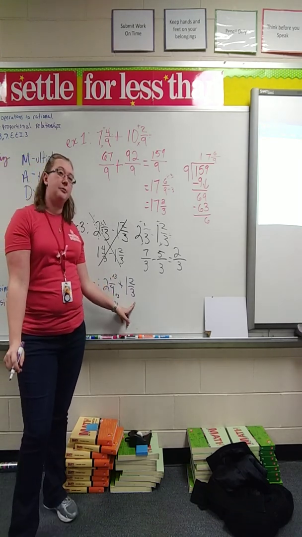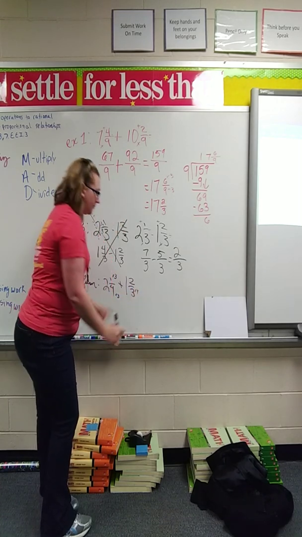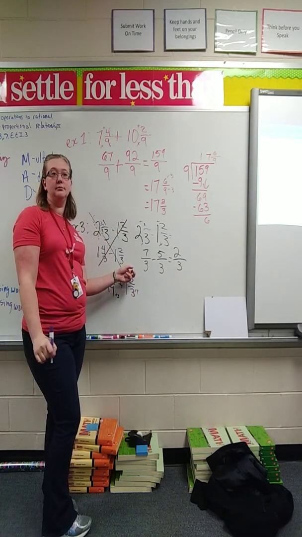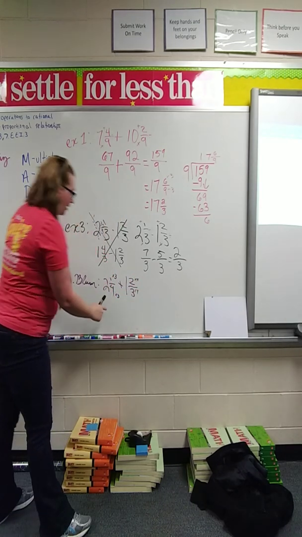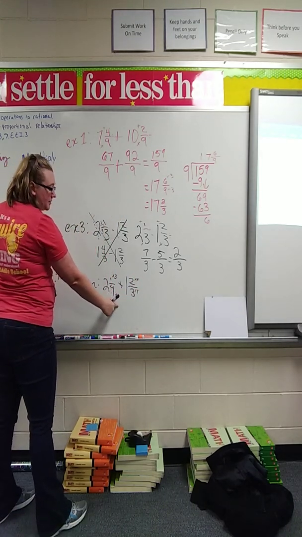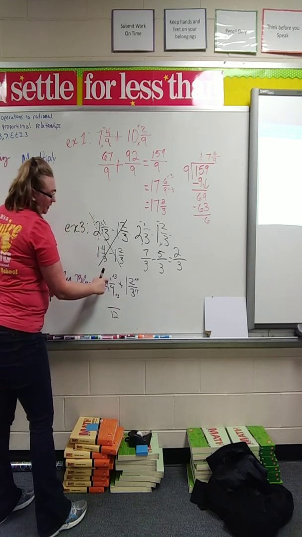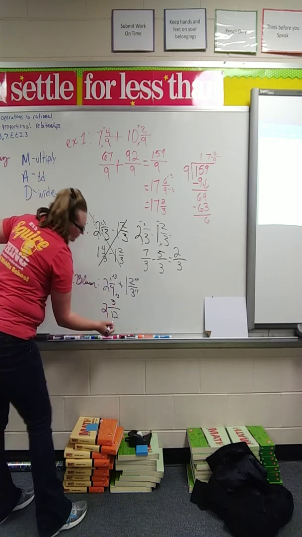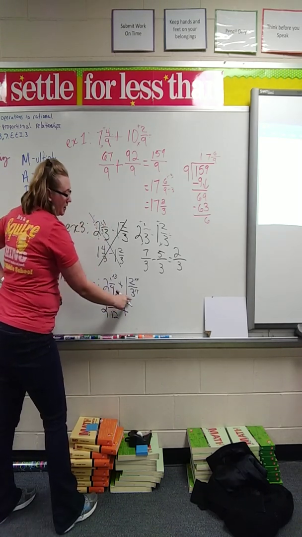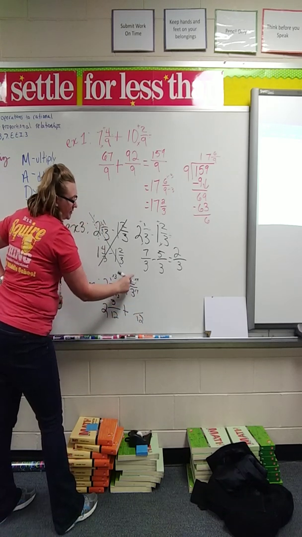What do I multiply 3 by to get to 12? What do I have to multiply the 2 by? 4 times 3 is 12. 3 times 1 is? 3. So I have 2 and 3/12 plus 3 times 4 is? 2 times 4 is?